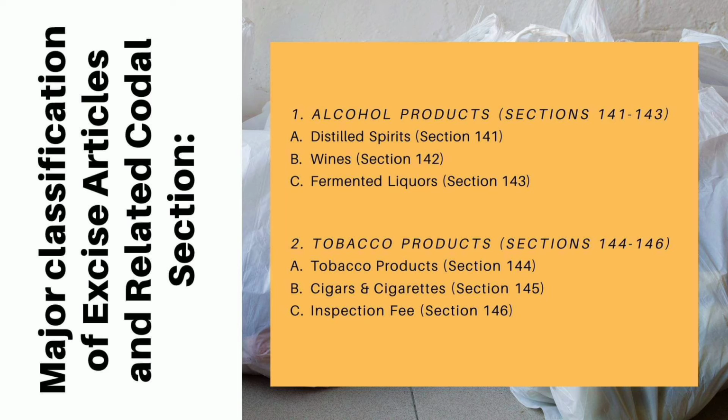So to enumerate some of the major classifications of excisable articles under the tax code as amended, we have the first one, the alcohol products, under which are distilled spirits, wines, and fermented liquors. Second one is the tobacco products, under which are tobacco products, cigars and cigarettes, and lastly, inspection fee.